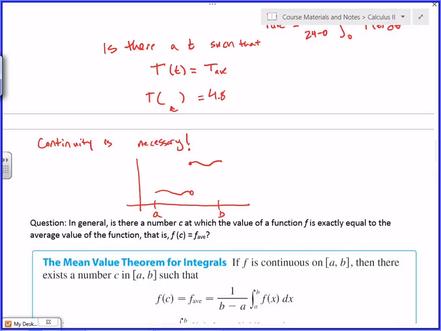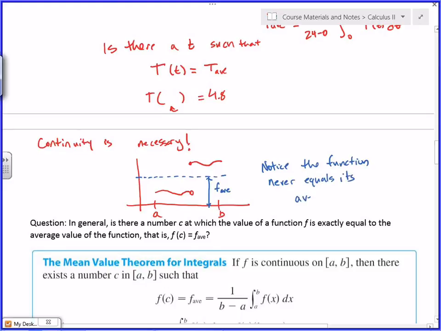Where do you think the average value of that function would be? Somewhere smack dab in the middle, somewhere right here. That would be my f average. Notice the function never equals its average.